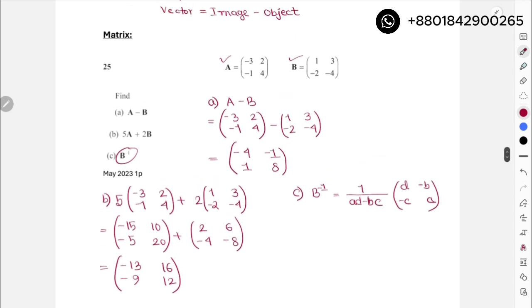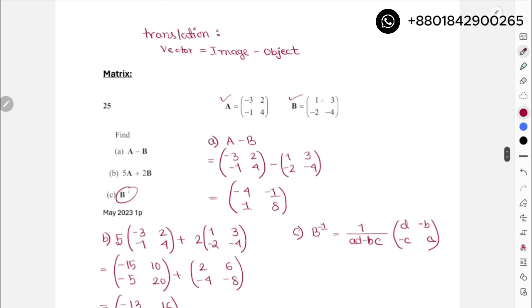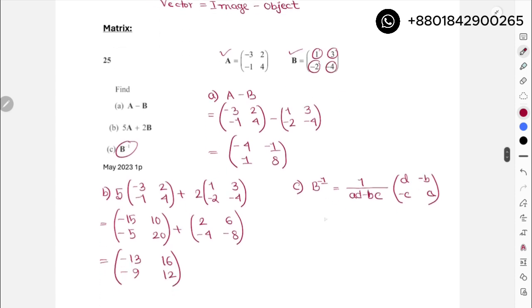In this case, the original value for B, you have this is A, B, C, and D. For 1 over AD minus BC, it is going to be what? 1 multiplied with negative 4, that is just going to be negative 4, and then this is subtracted with BC, which is 3 multiplied with minus 2, that is minus 6 again.